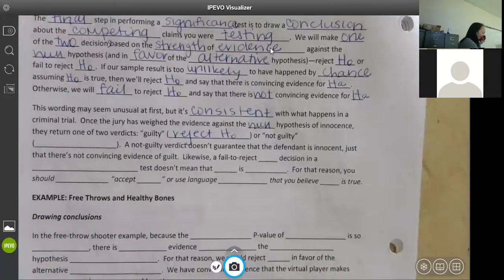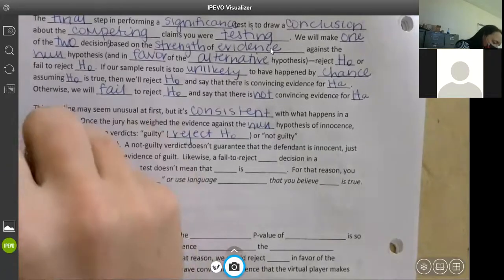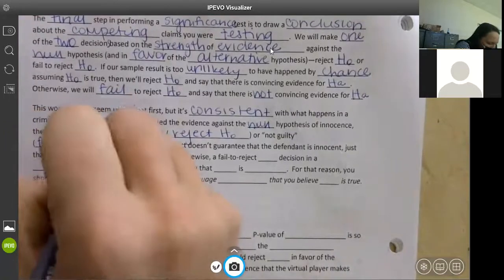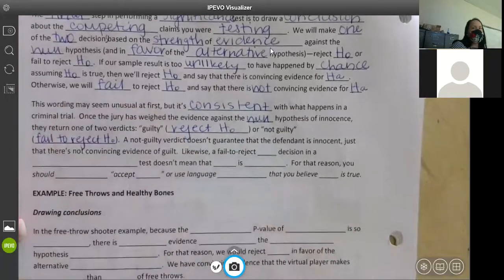Sorry, y'all. So guilty would be rejecting the null, or not guilty would be fail to reject. A not guilty verdict doesn't guarantee that the defendant is innocent, just that there's not convincing evidence of guilt.